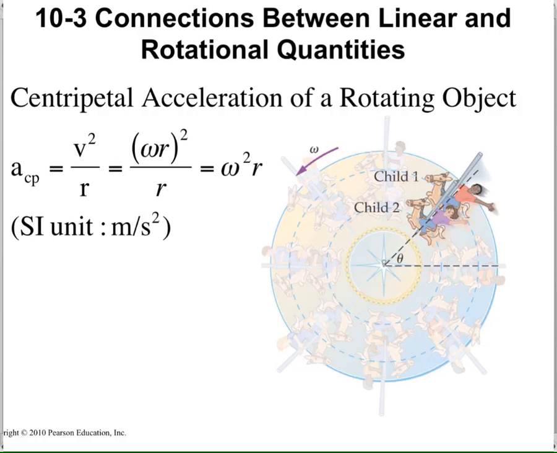They both have the same omega, because in equal times they take equal angles. But since their radii are different, their accelerations will be different. Any questions?